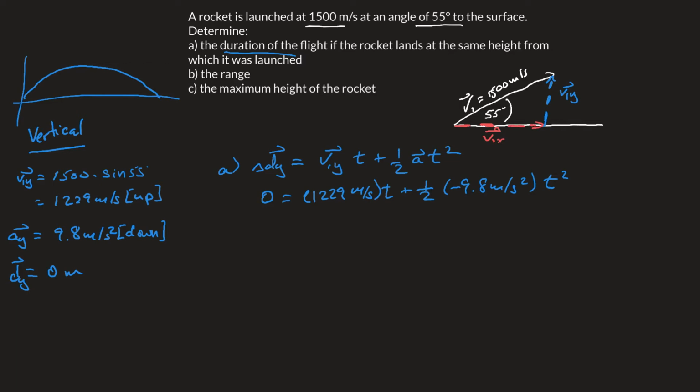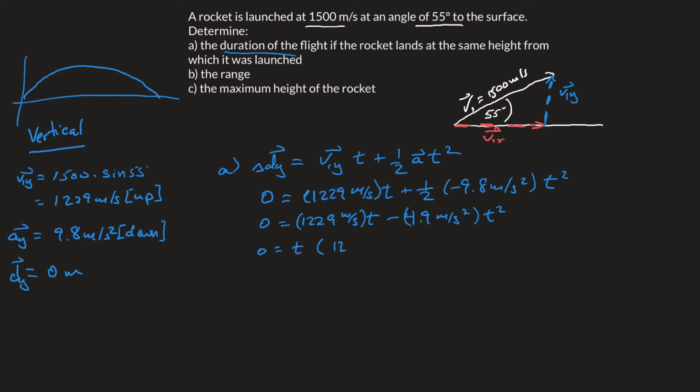We're going to simplify this a little bit further though before we go ahead. 1,229 meters per second t. I'm just going to deal with this half and 9.8. So negative 4.9 meters per second squared t squared. So we can do a little bit of math here. We could factor out a t from our right-hand side.